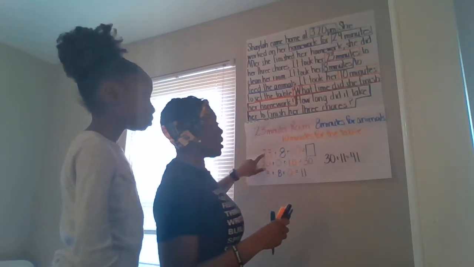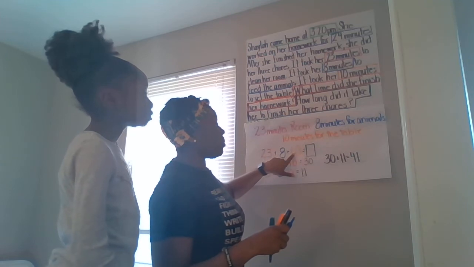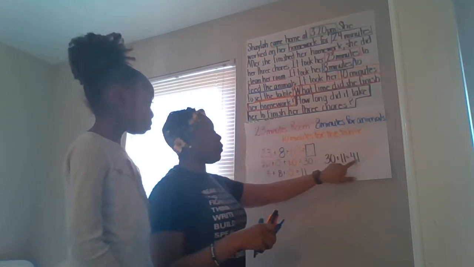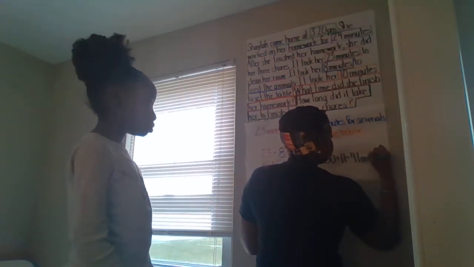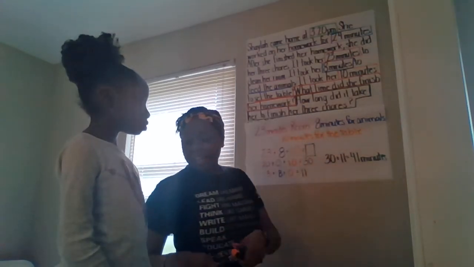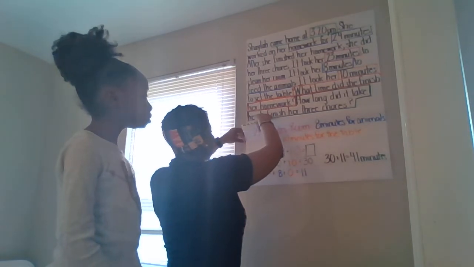It took her 23 minutes for her room, 8 minutes for the animals, and 10 minutes to set up the table. When I did it by breaking apart my 10s and 1s, it got me 41. So it took her 41 minutes. All right. So it took Shayla 41 minutes to do her chores.